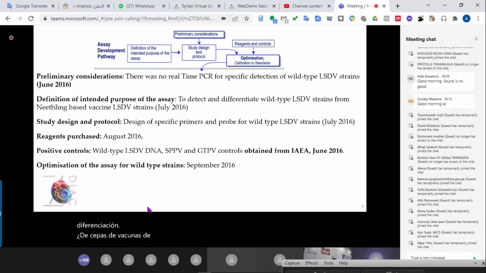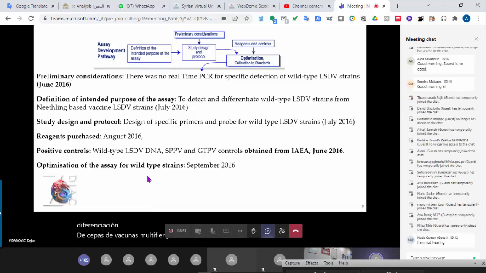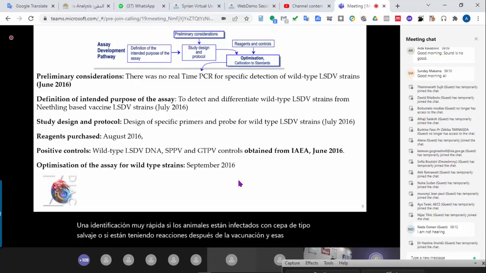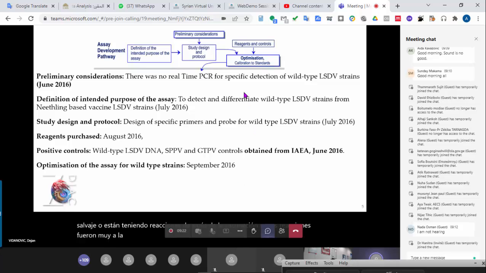We needed that because after the outbreak occurred in the region, mass vaccination of cattle started, and we had to very quickly identify whether the animals were infected with wild-type strain or were having reactions after vaccination. Those reactions were very similar to the clinical manifestation of the actual disease.